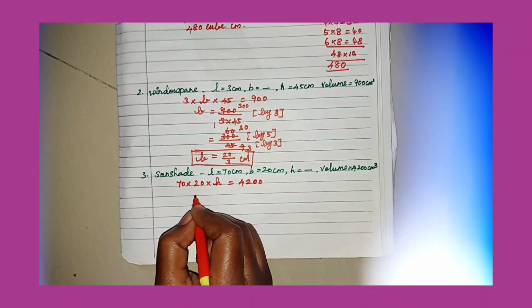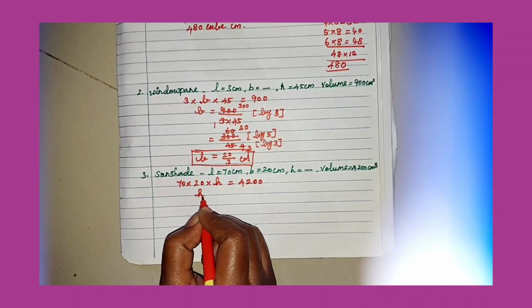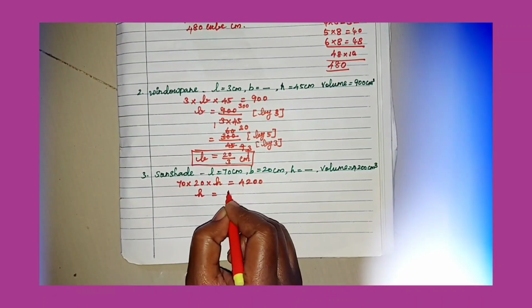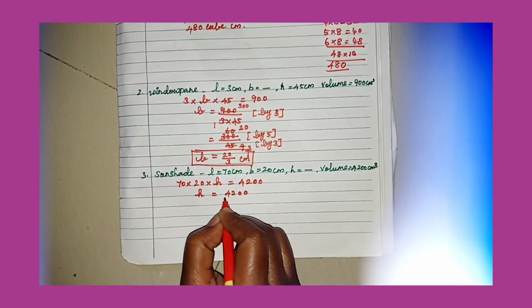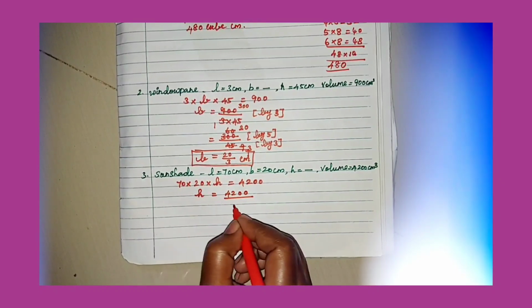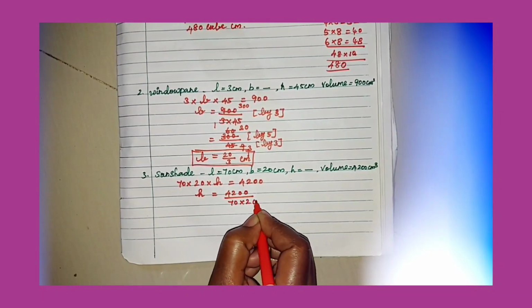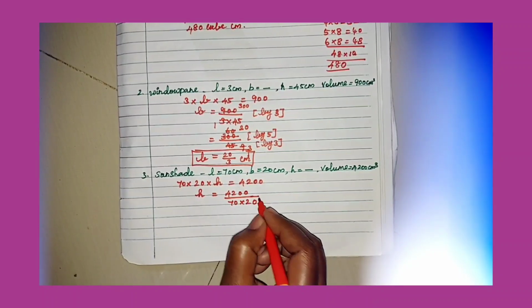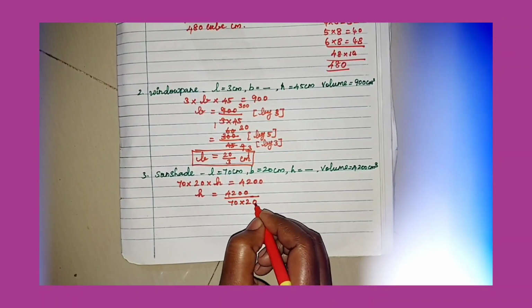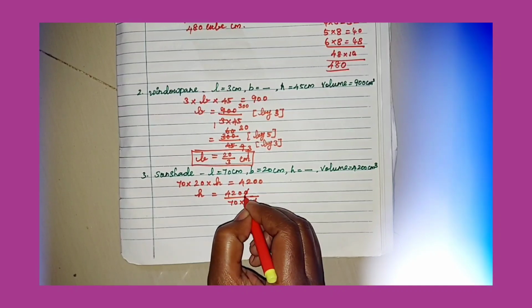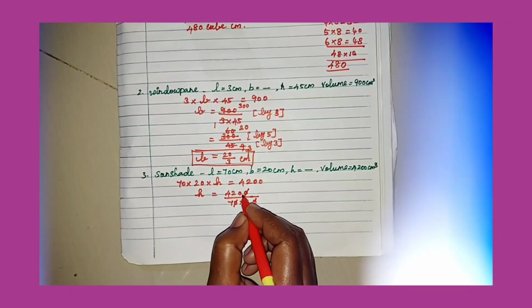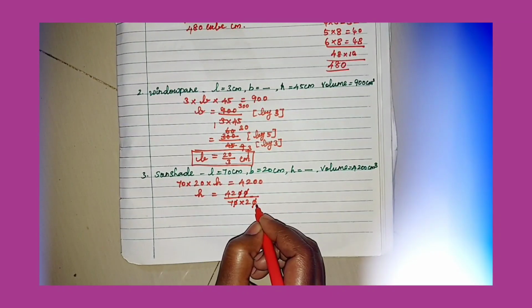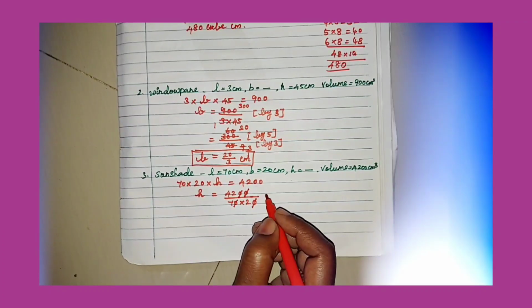We have to find the value of H. H on the left side is equal to the opposite side, 4200 divided by these two values 70 into 20. Now cancel the zeros. First cancel 1 zero with 1 zero, next 1 zero with 1 zero. So the 2 zeros at the bottom and the 2 zeros at the top we cancel.